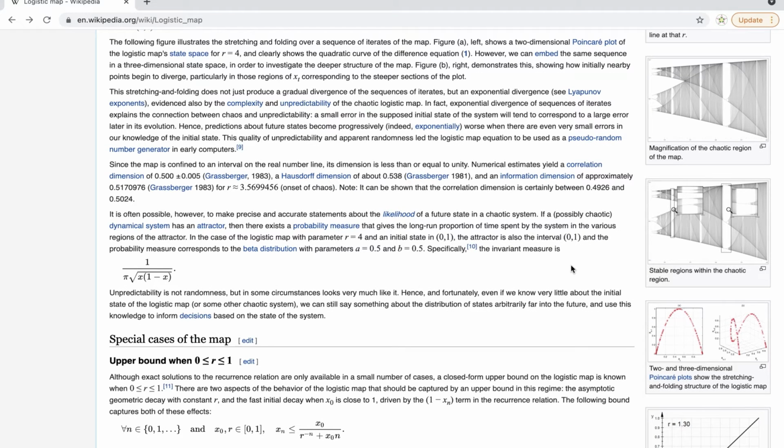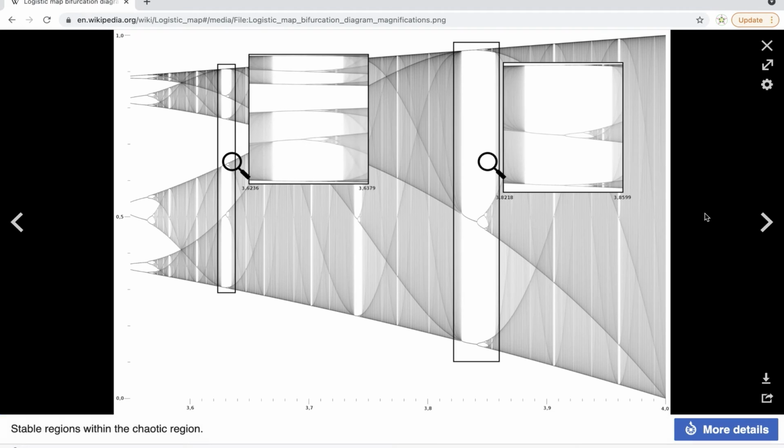And I think this is what they do here. They magnify that. Here you go. If you take a very close look, there we go. Look at this. This looks like our bifurcation map upside down.